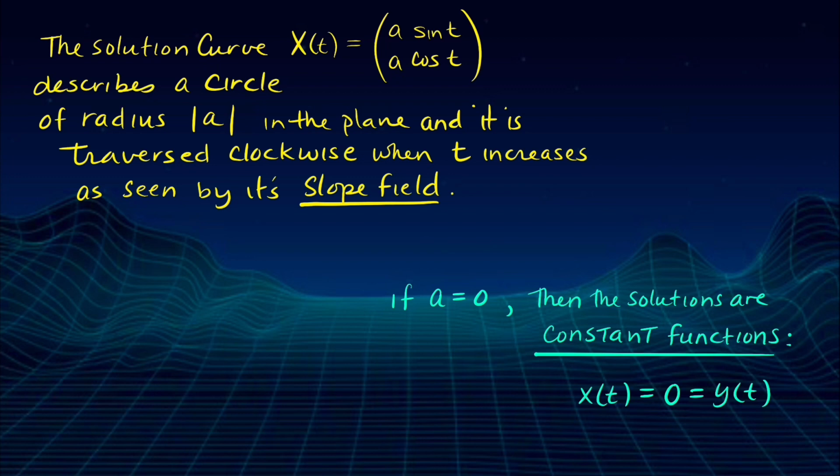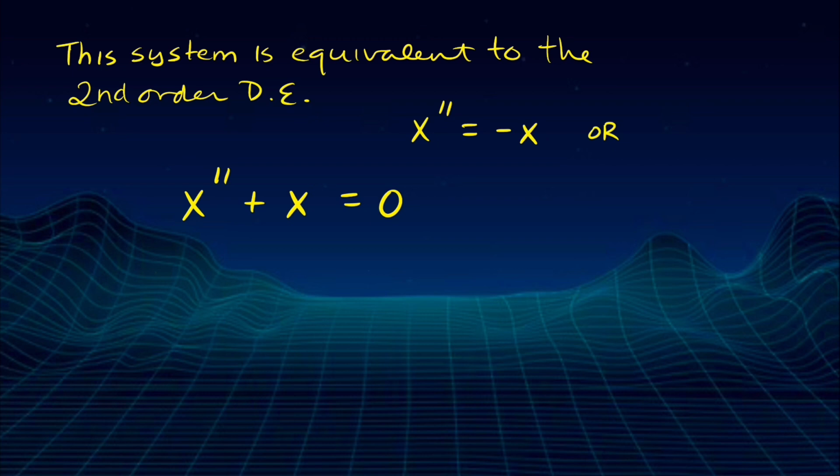So now if we look at this from the point of view of a linear system, this system is equivalent to the second order differential equation x'' + x = 0.